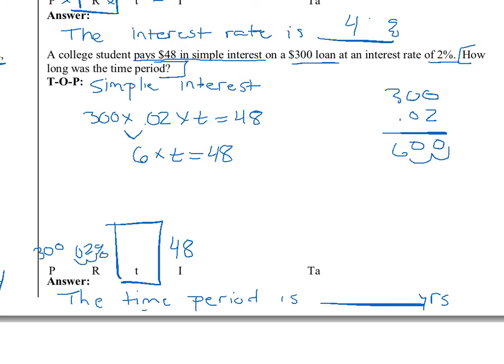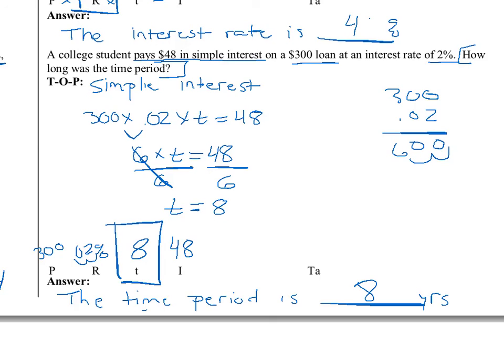Now I just need to solve the equation. The inverse operation, divide by 6. T is equal to 8. So that money was borrowed from the bank for 8 years. Okay?